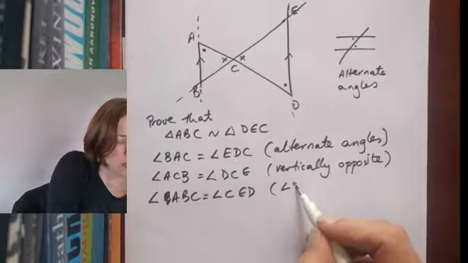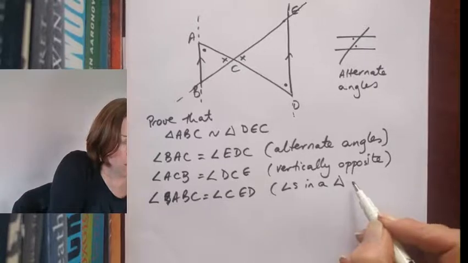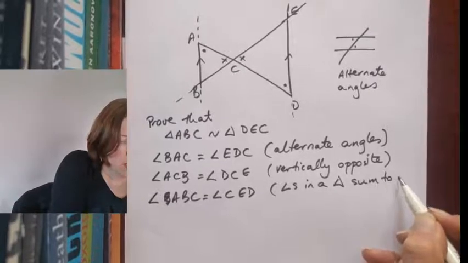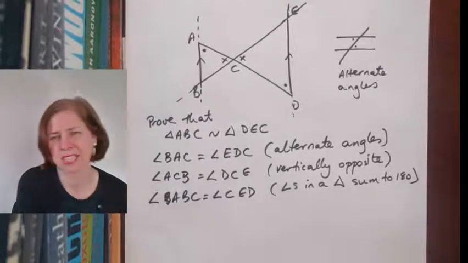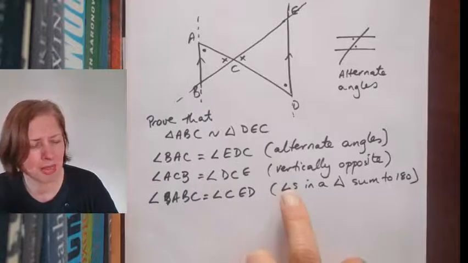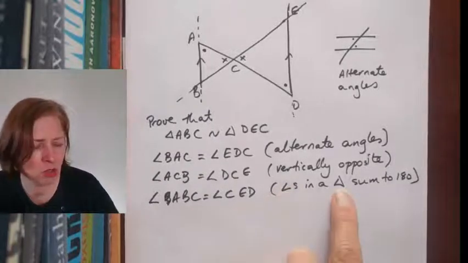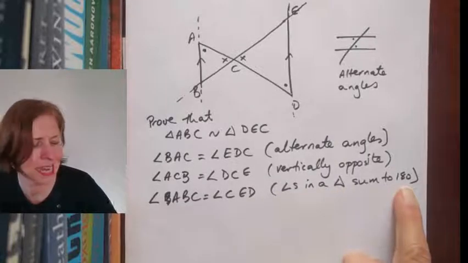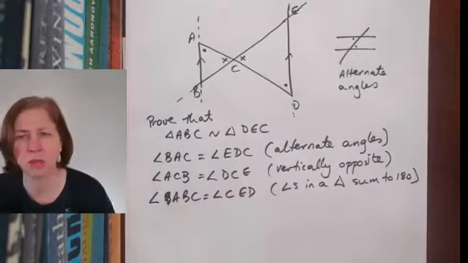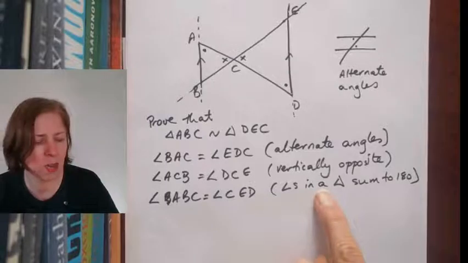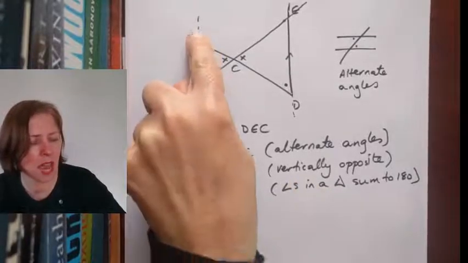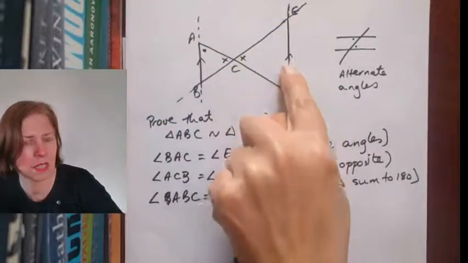So angles in a triangle sum to 180. See how I'm using shorthand so I don't have to write stuff out? But it should be clear. This symbol means angle. So angles in a triangle sum to 180. That's how I know that that equals that. But I could just as easily have written alternate angles because they make another Z shape here.